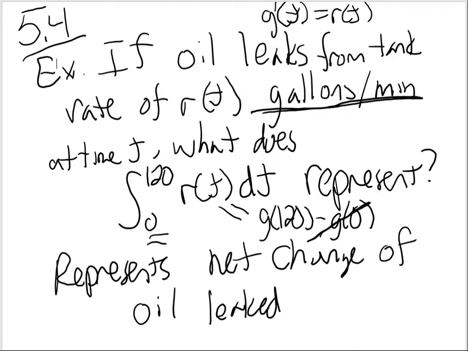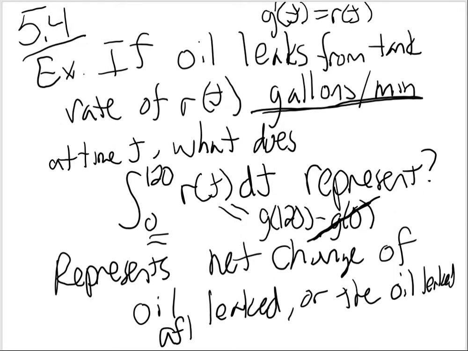And g of 0 at time 0, you should have no leakage. So really, the net change is the oil leaked after 120, I'll assume this is seconds. So just remember, with all these problems, you're looking at the net change.